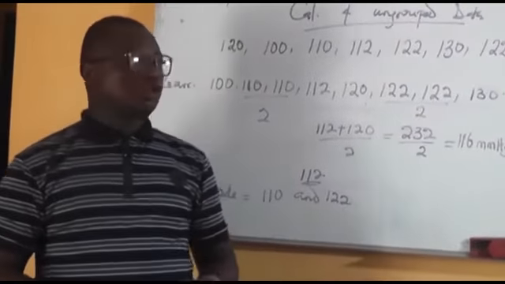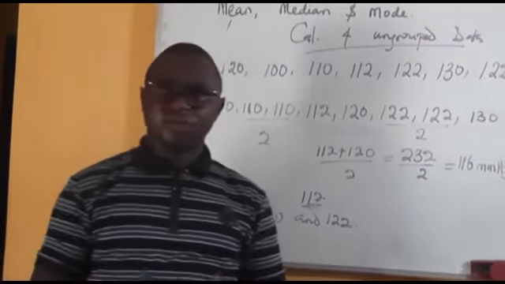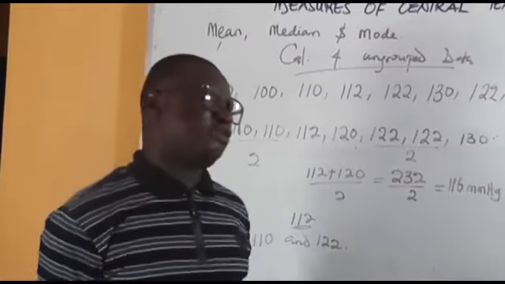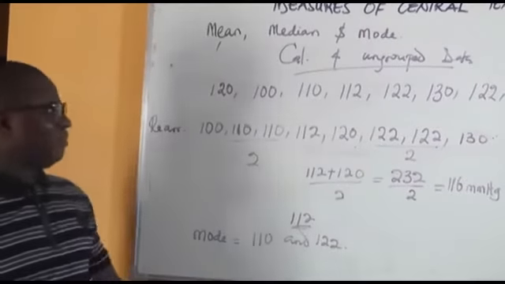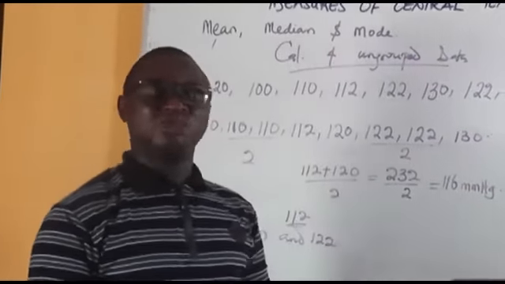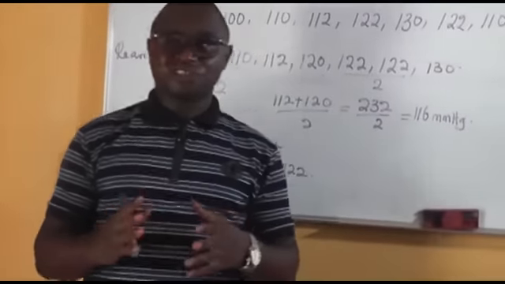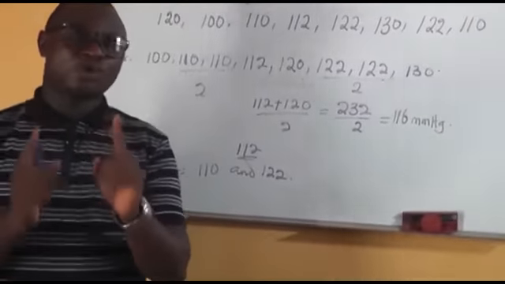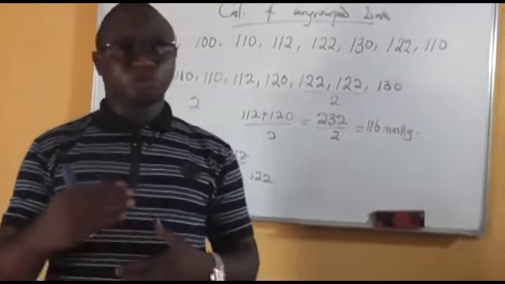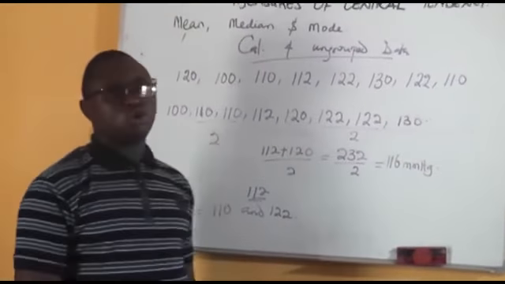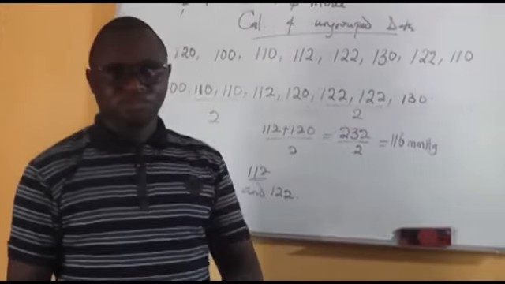Are we together? So you could have unimodal, bimodal, or multimodal. So that is the basic introduction to measures of central tendency, looking at ungrouped data. In our subsequent lesson, we'll focus on grouped data. Thank you very much.